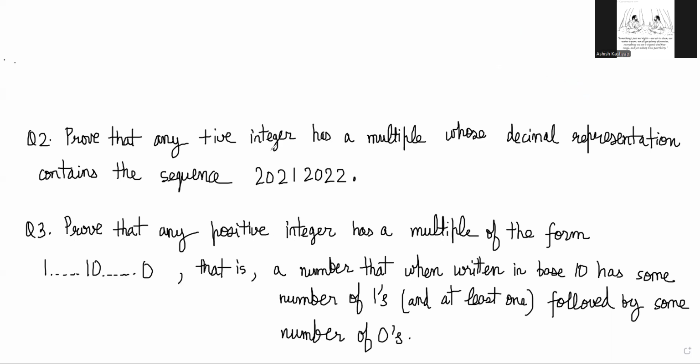The question is, prove that any positive integer has a multiple whose decimal representation will always contain this sequence. You will always be able to find this sequence in some multiple of any positive integer.